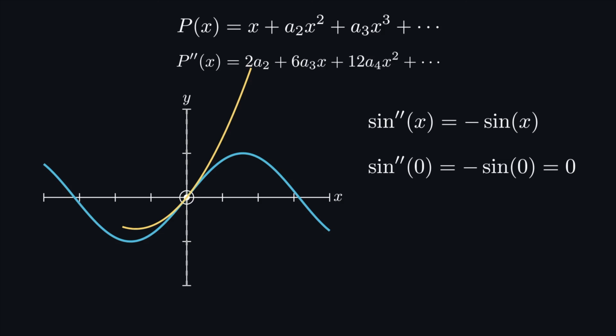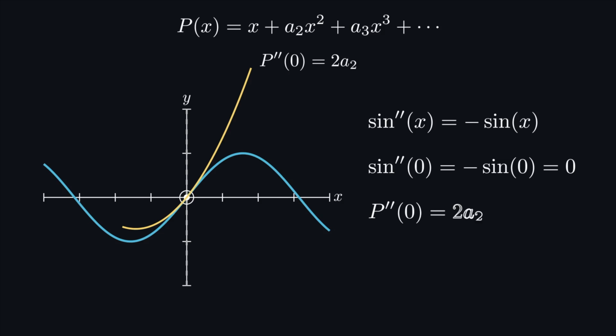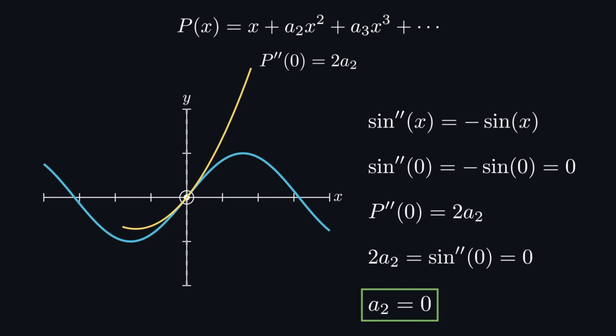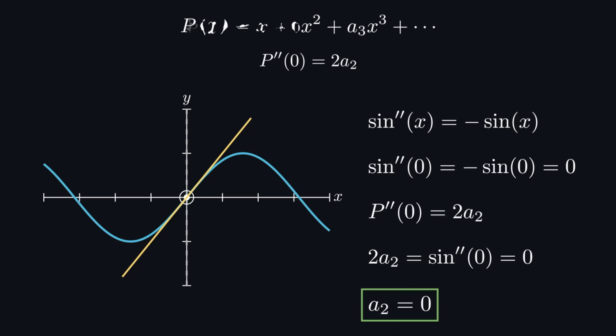So if we compute the second derivative of our polynomial, we get this expression here, and at x equals 0, this simply becomes 2a2. If we match the second derivative here, we get 2a2 equals 0, and so the a2 coefficient equals 0, which is quite interesting. The quadratic term here simply disappears.